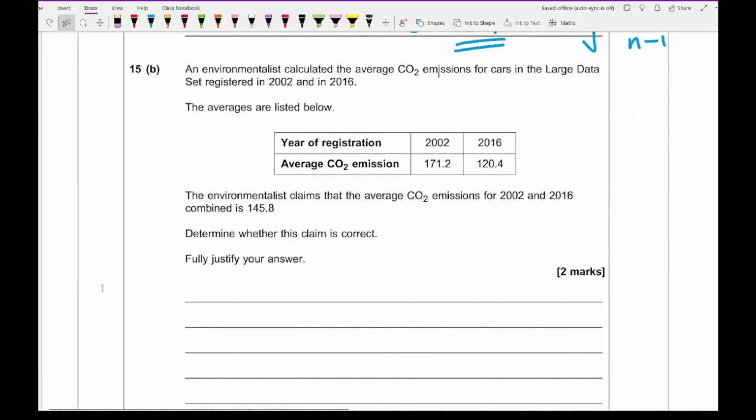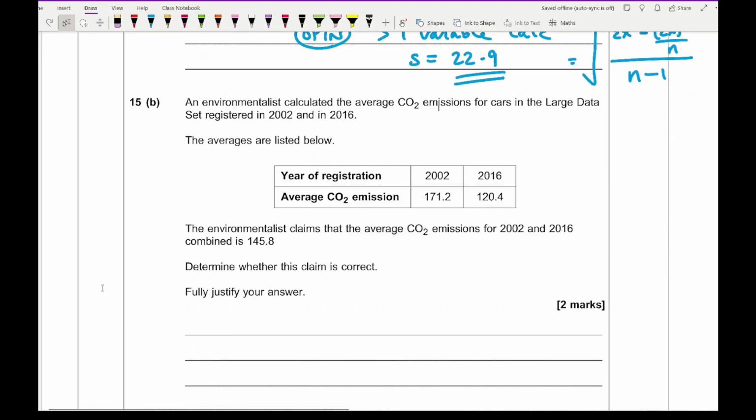Then moving on to question 15b, it says an environmentalist calculated the average CO2 emissions for cars in the large data set registered in 2002 and in 2016. The averages are listed below. The environmentalist claims that the average CO2 emissions for 2002 and 2016 combined is 145.8.